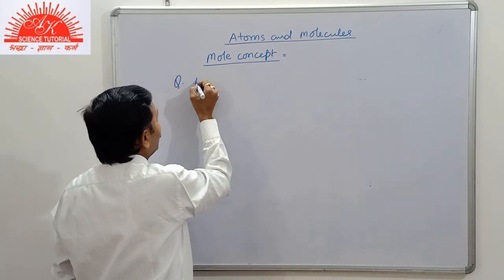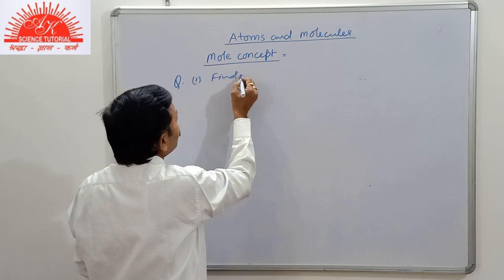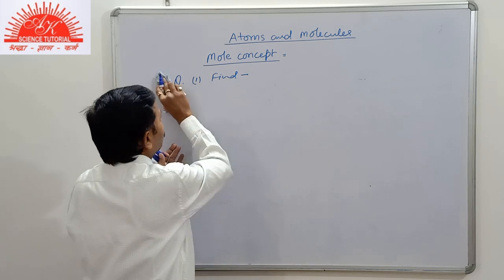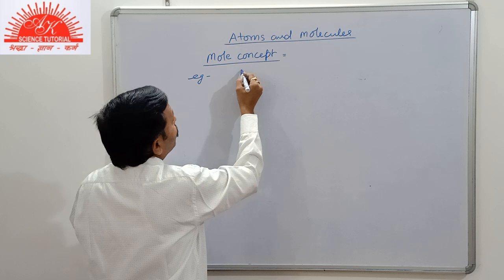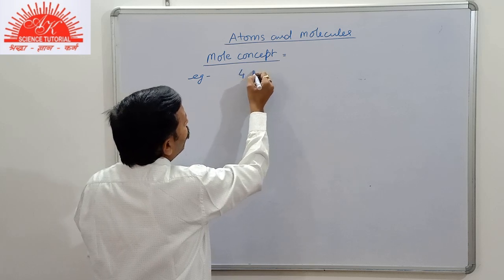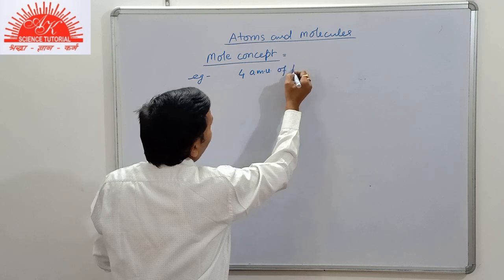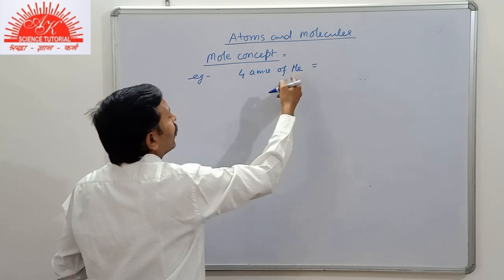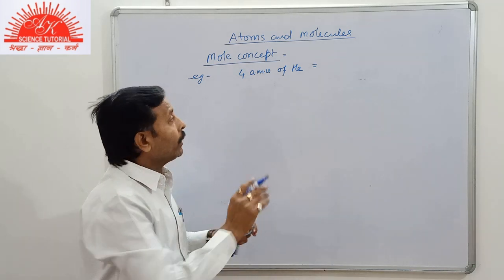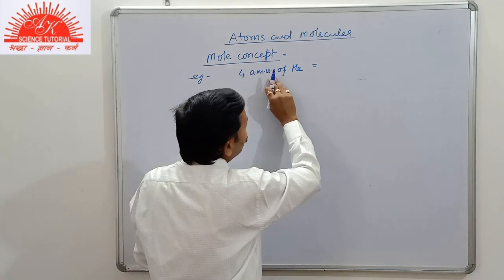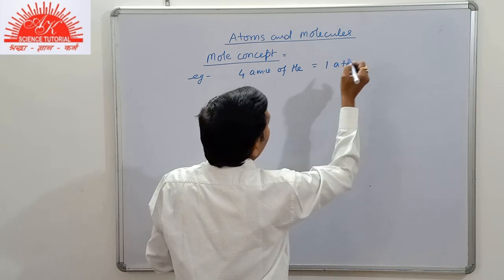So this can be made more clear with the following examples. Or we can take first of all an example, then we'll come to the question. Example, if we have 4 AMU of helium, as we know the relative atomic mass of helium is 4 AMU. So if the mass is given in AMU, then it is 1 atom of helium.